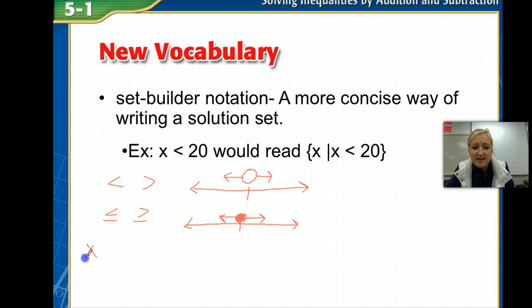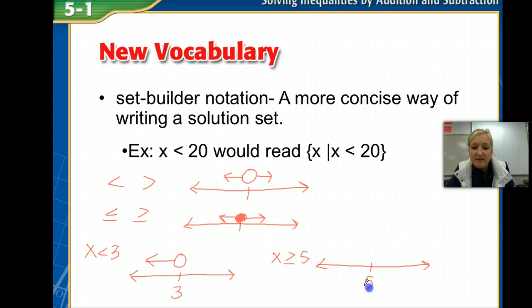So if I had x is less than 3, one more thing that I want to point out to you, if I had to graph this on a number line, what I always do, less than 3 would be an open circle. And then I know that my arrow needs to point in the same direction as my inequality sign. And then I would connect it to my circle. Same thing with x is greater than or equal to 5.